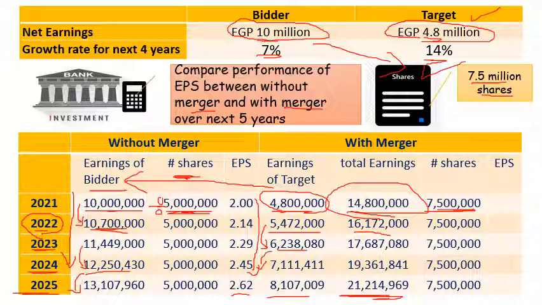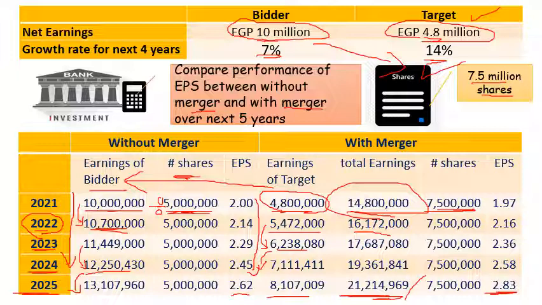So earnings per share at the end of the current year will be 1.97. After 2 years will be 2.16, and then 2.36, 2.58, and 2.83. We obtain this value by dividing total earnings over 7.5 million shares.